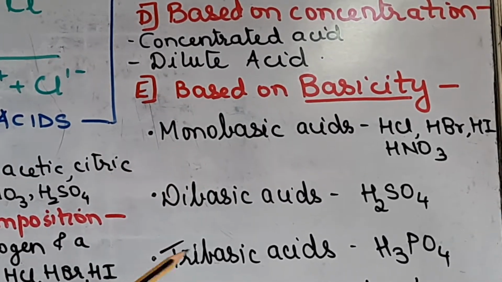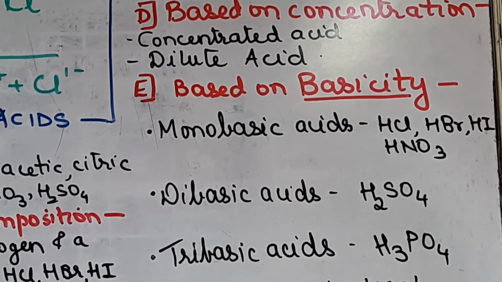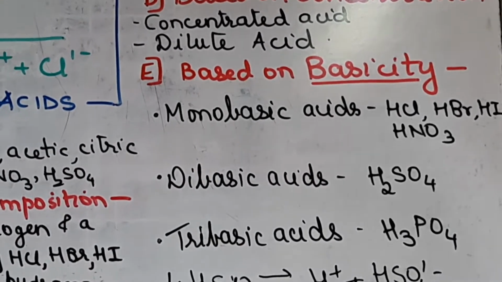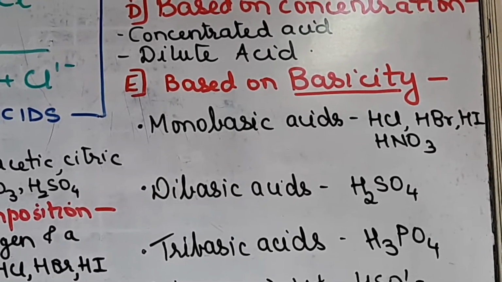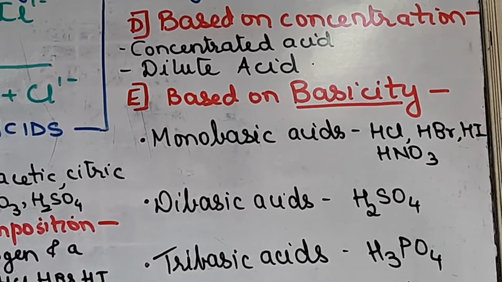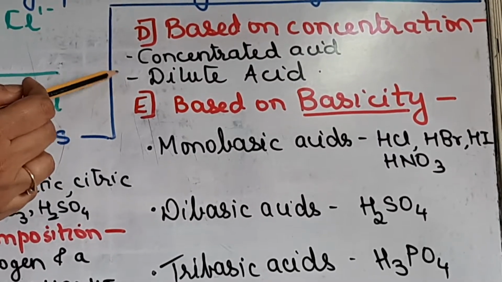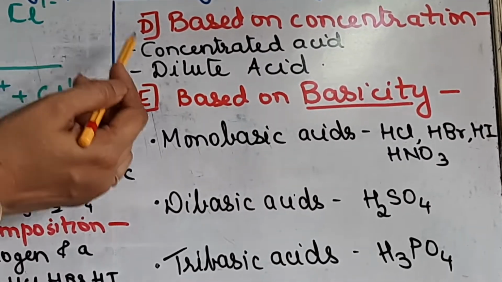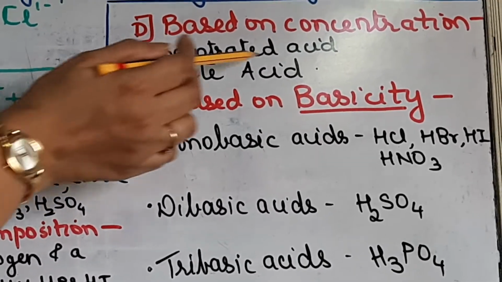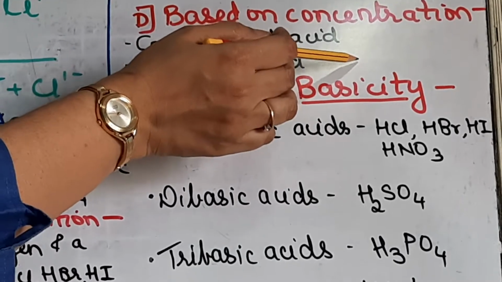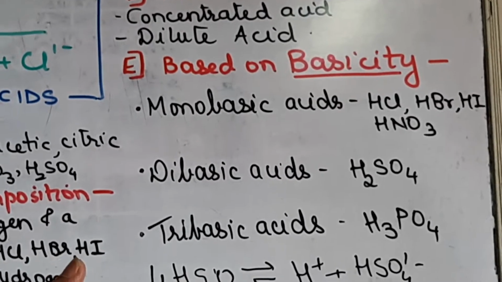Concentration is generally expressed in terms of moles per liter. When we discuss the chapter on mole concept and stoichiometry, I'll explain the concept of mole to you. Any acid can be concentrated or dilute. You have concentrated nitric acid and dilute nitric acid, so that's why I haven't put any examples here. Any acid can be both concentrated as well as dilute.